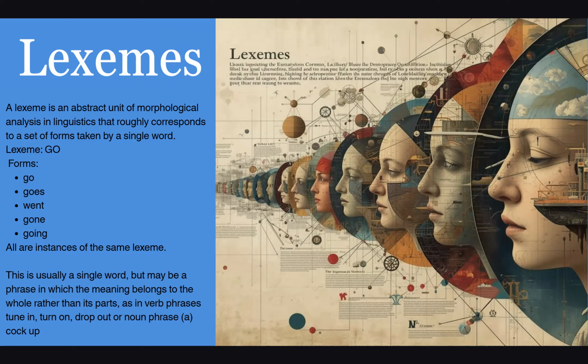For example, on your screen, a lexeme is the abstract vocabulary item that includes all its grammatical forms. For example, the lexeme go: go, goes, went, gone, going, all are instances of the same lexeme.